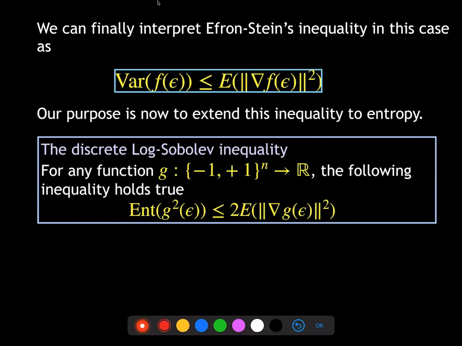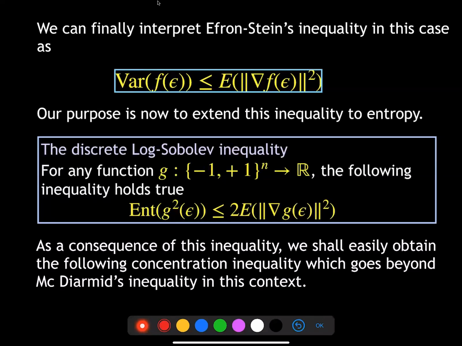This is just to ensure that you have a non-negative function here. And you get the same inequality as before with a 2 here. The 2 appears because you have a square. Okay? So this is the discrete log Sobolev inequality. The proof of it is quite simple. We shall see it in a moment.